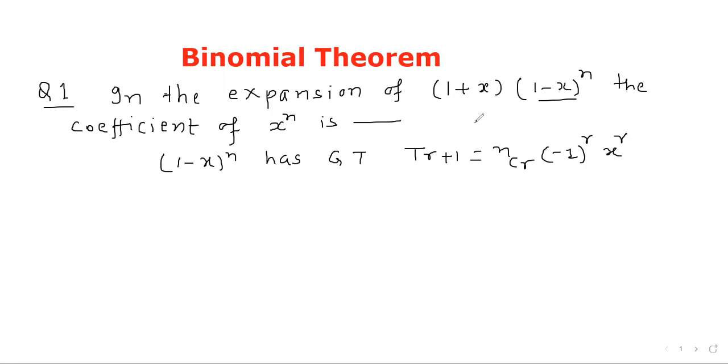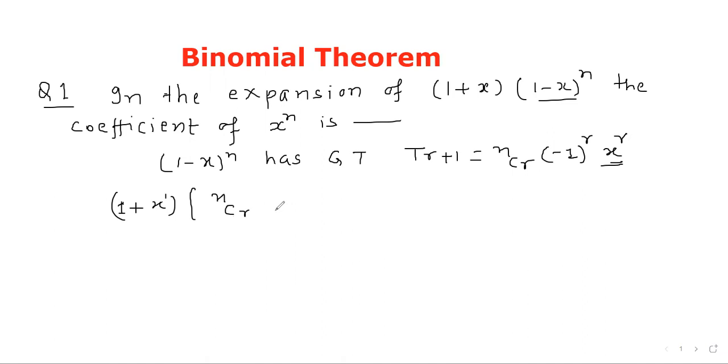Now, here we have (1 + x) times this. Since we need the coefficient of x^n, and here there is already x^1, from this we need x^(n-1), and for this 1 we need x^n from here. So let's write those two terms.